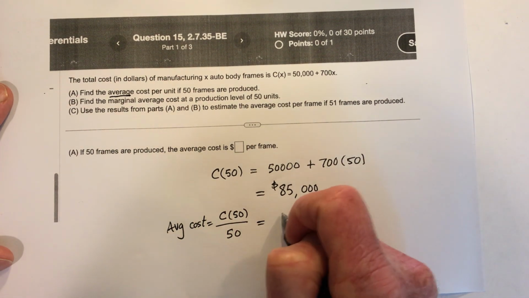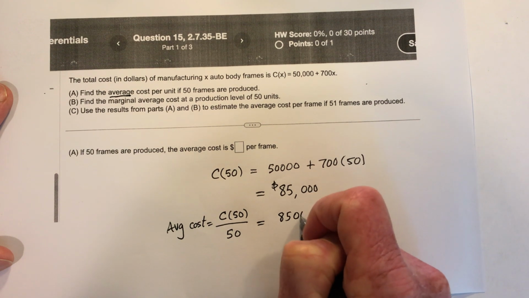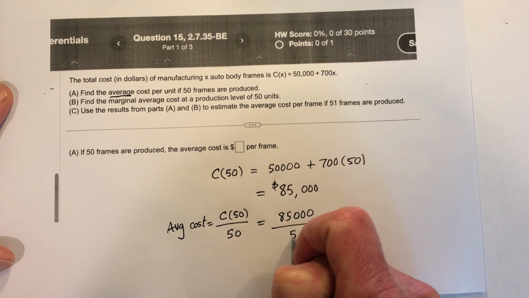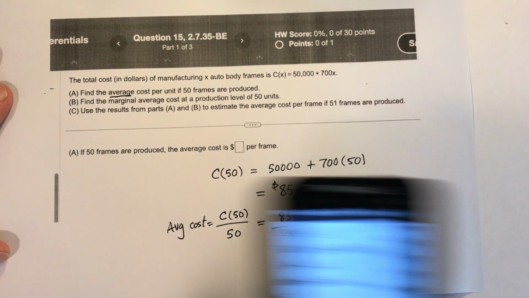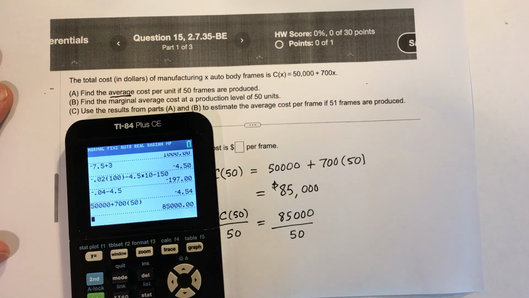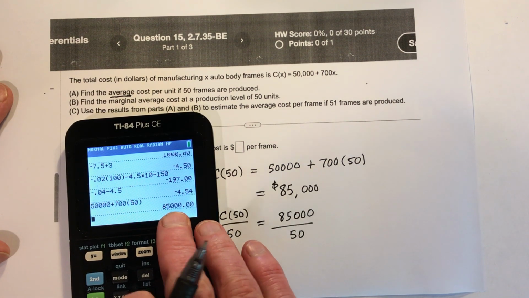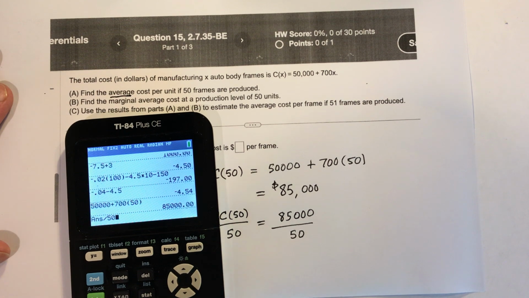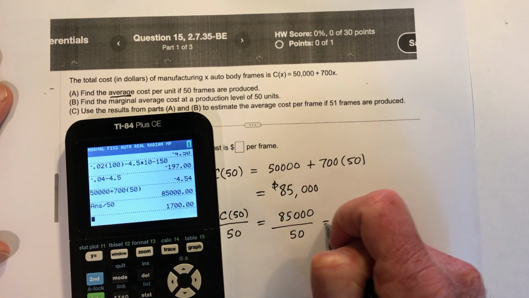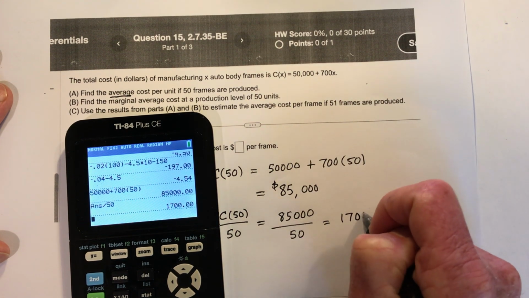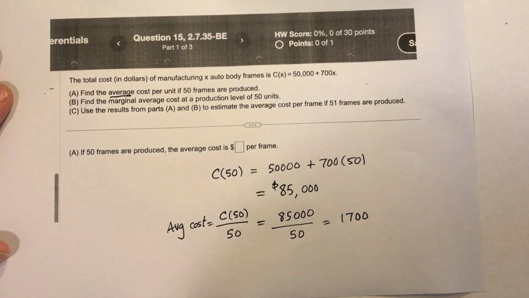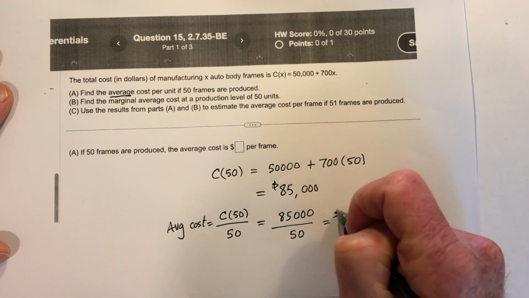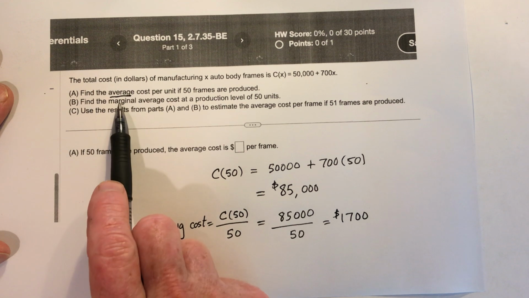So just take the 85,000, divide by 50. So I already have the 85,000 there. I can just say divide by 50. So the average cost is 1,700. So that's part A.